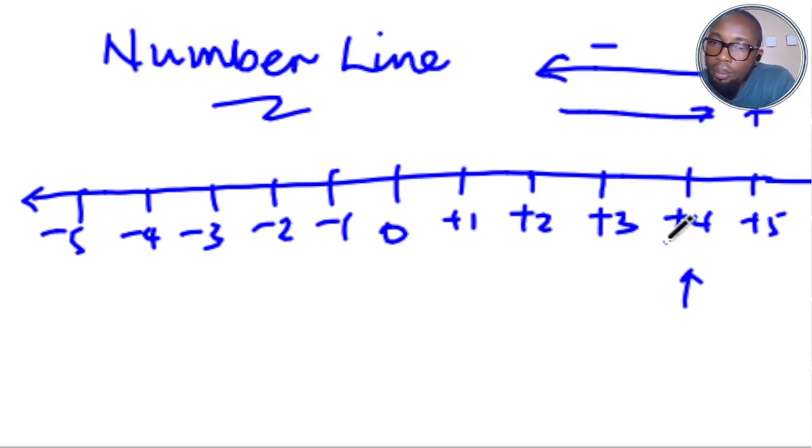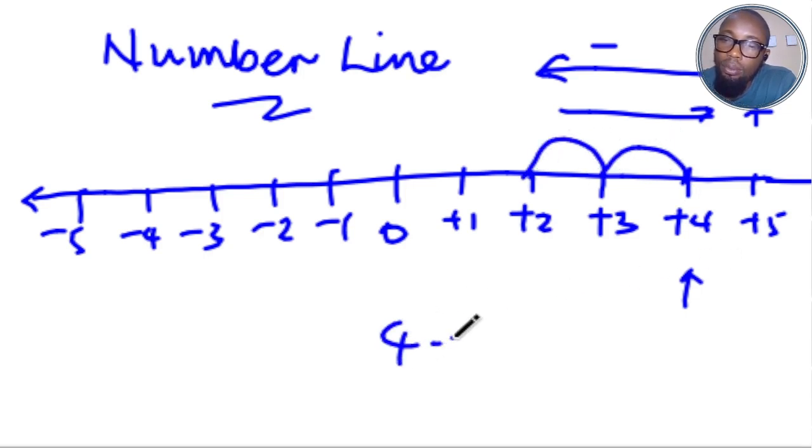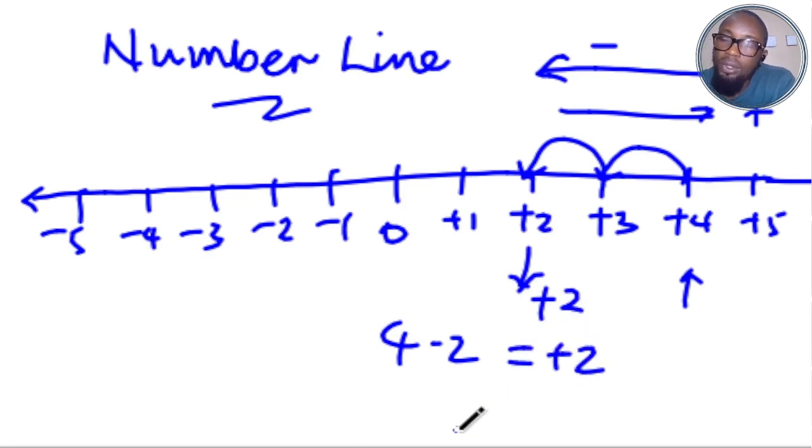So if you say 4 minus 2, we are saying that you should start at 4, then move backwards. How many times? Twice. That's 4 minus 2. Where did you land? Where did you end? You're ending at +2. So your answer is +2.